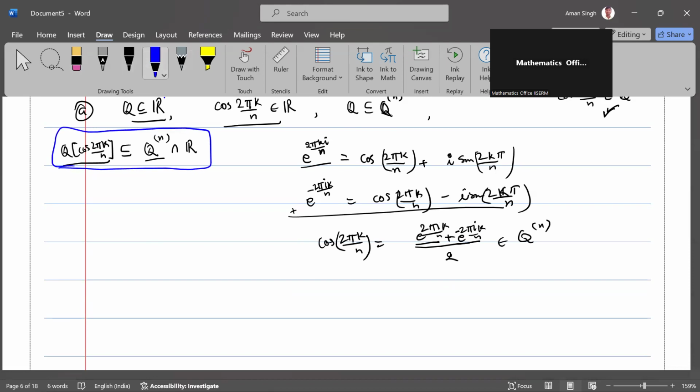The other side, what should we do? How to show the other inclusion? Let x belong to Q_n intersected with R. Then what is happening here? Under the conjugation action, x bar is equal to x. This implies what?